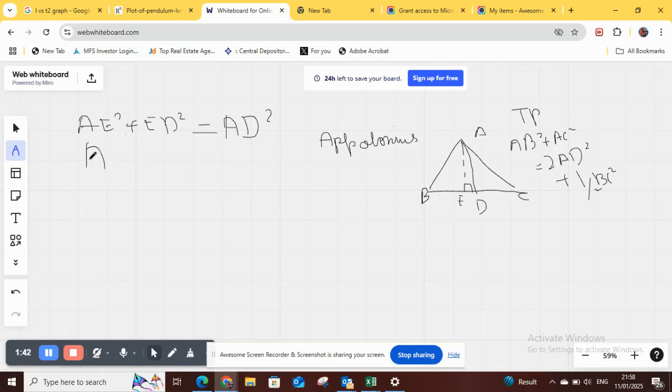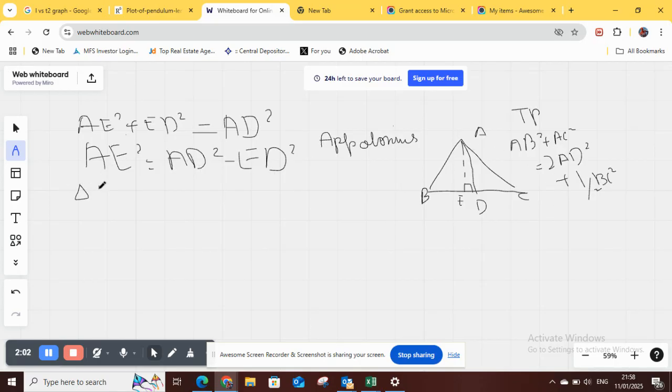From here we can find the value of AE squared is equal to AD squared minus ED squared.